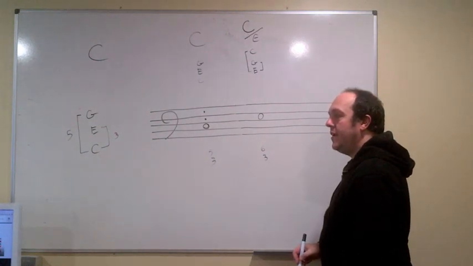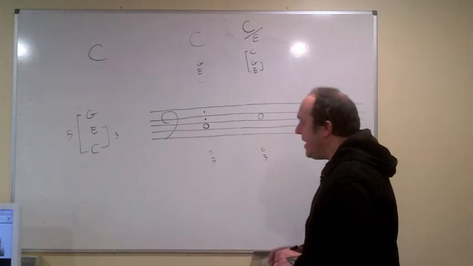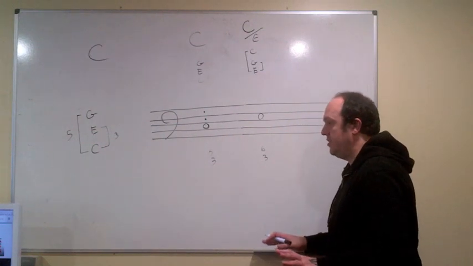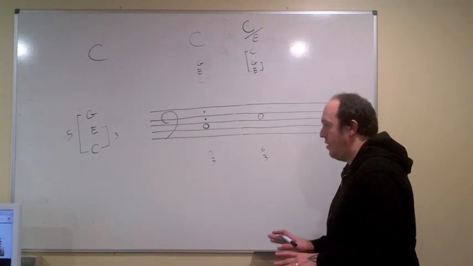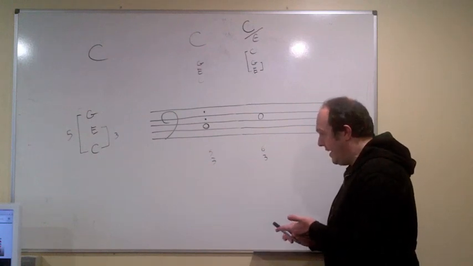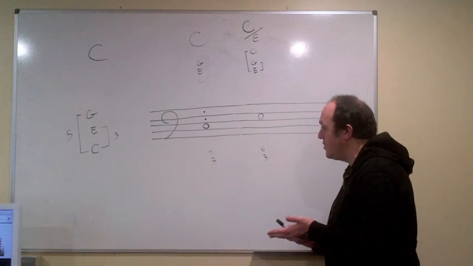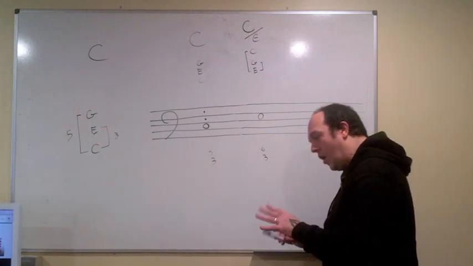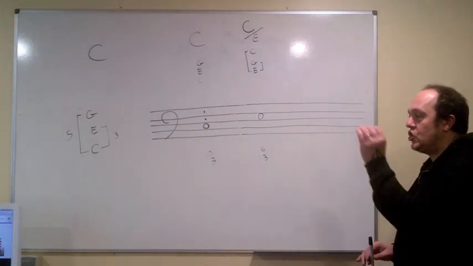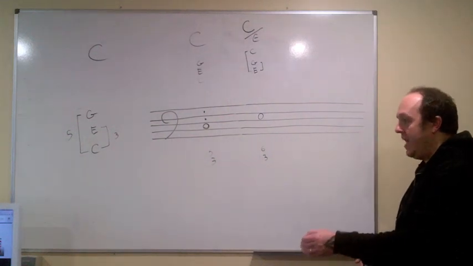Now, you see, that's the reason why at grade 6 level, we cannot have any doubts about intervals, keys, key signatures, major and minor. All that knowledge has to be solid, as concrete.